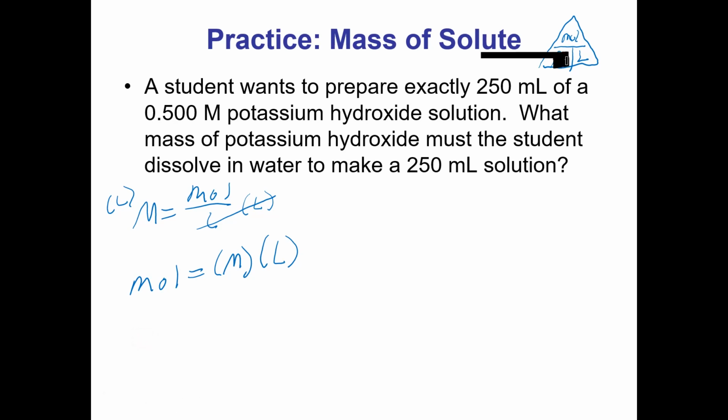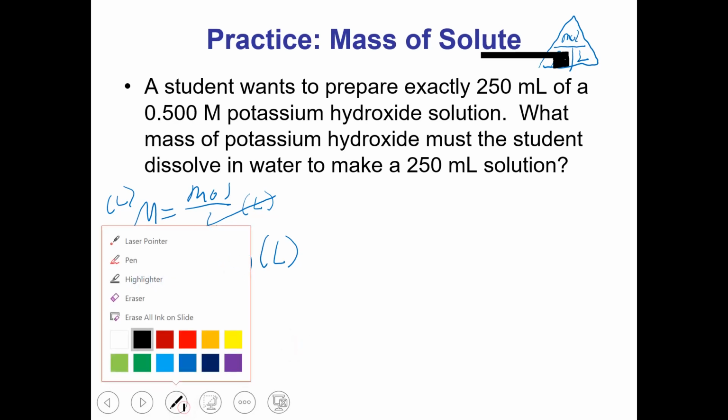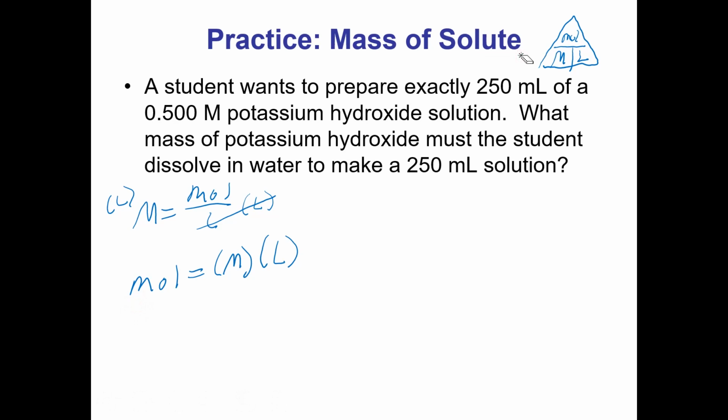So we would block out molarity, and if we're trying to find molarity, what's left is moles and liters. So because moles is on top, you would divide moles divided by liters. Now, if you're trying to find moles, we don't have moles, so we're trying to find that, so we would cover that up, and molarity and liters are side by side, so you would multiply molarity times liters.